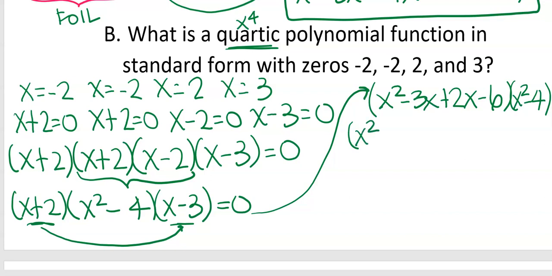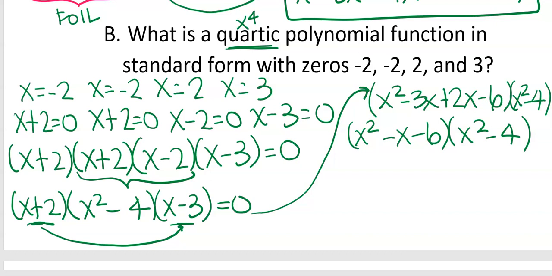So that gives us x squared minus x minus 6 times x squared minus 4. The last part isn't really FOIL, it's kind of an extended version. Basically, you're going to have 6 terms left. You're going to take x squared times each of the terms in the first parenthesis and a negative 4 times each one. So it's kind of like you're using distributive property.